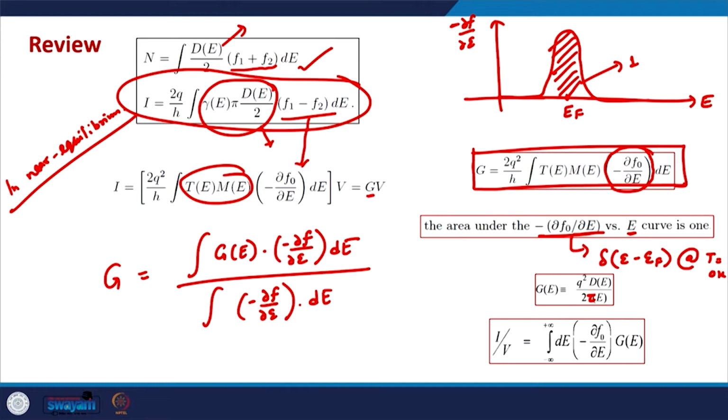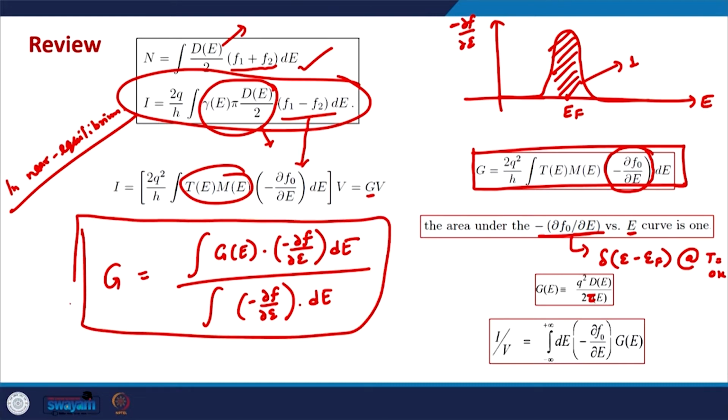Okay. So this is what we have seen so far, and one important thing that we need to keep in mind, especially from this expression, is that the conductance of a device of any material is essentially the average of the conductance function in the Fermi window, which means that only the conduction pathways that are close to the Fermi level, only those contribute in the conductance of the device.